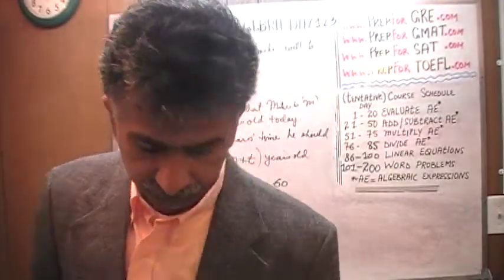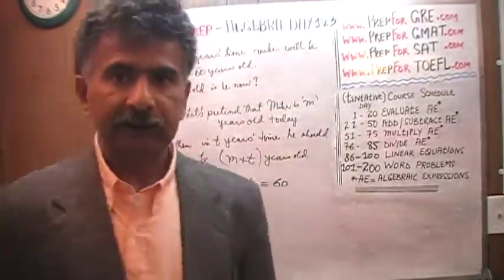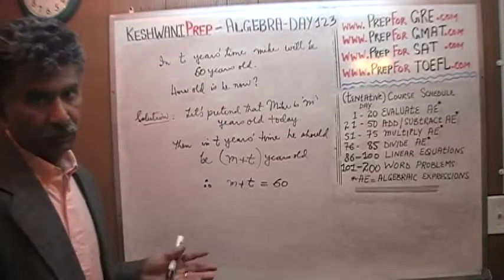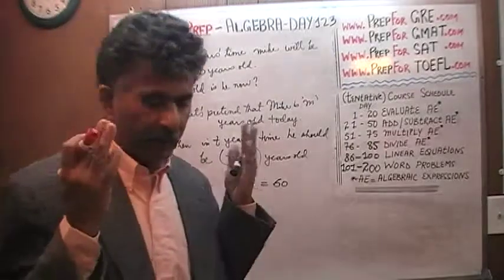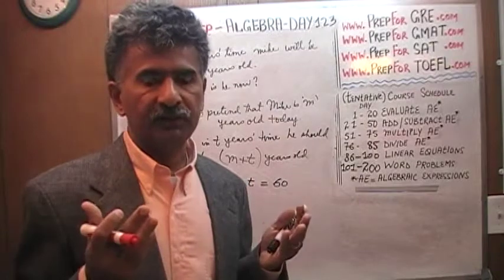In a problem like this, it's always important to realize what is known and what is unknown. T is a known quantity. We are told that in T years time, even though I just told you we don't know what the value is, it is given to us. It's T years, whatever that happens to be, that's how many years from now he's going to be 60. Question is, how old is he now?